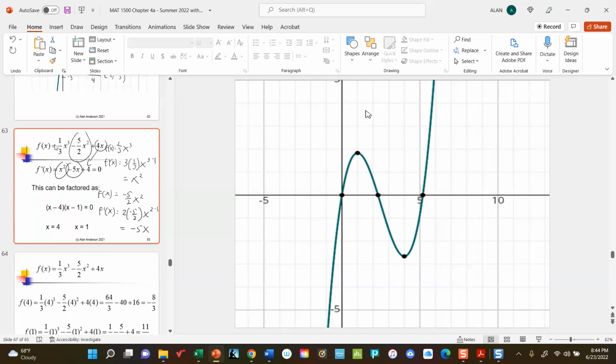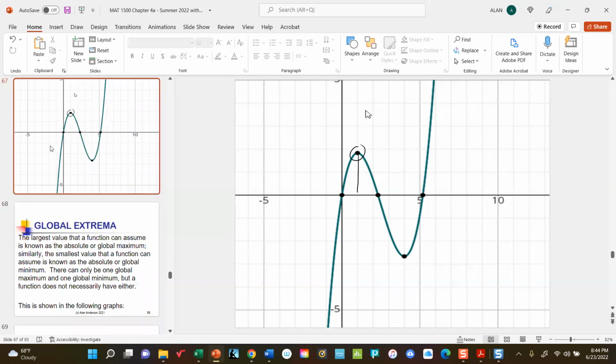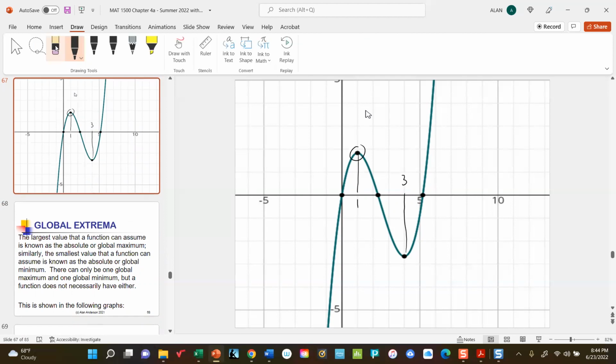There's another approach too, where, given that this is a critical point right here, what we can do is look at the sign of the derivative on either side. In other words, here, just as we're reaching x equals 1, the first derivative is positive. Here, it's negative.